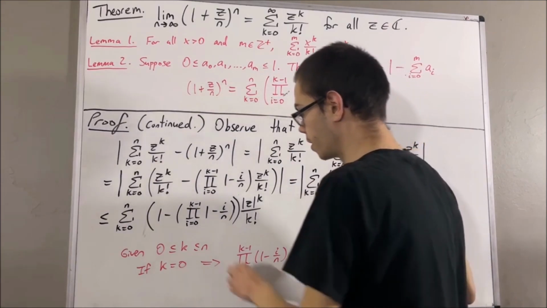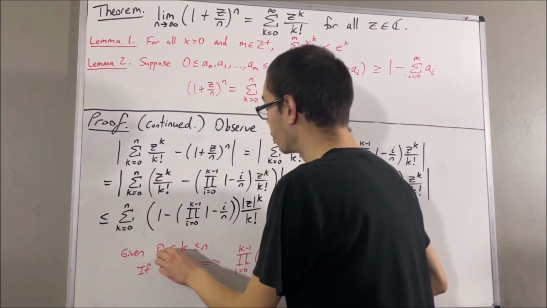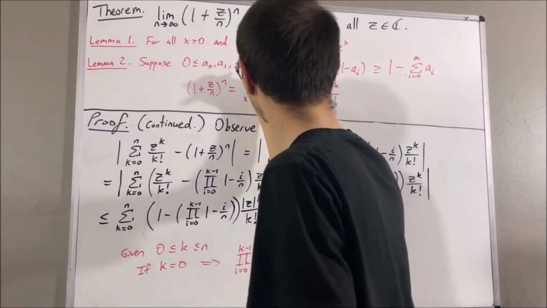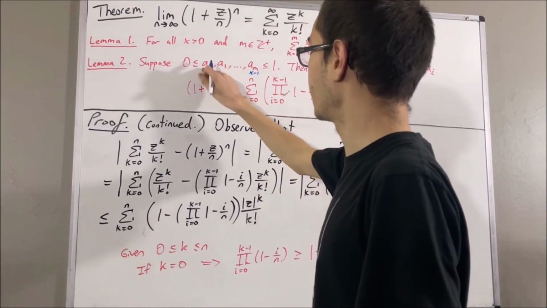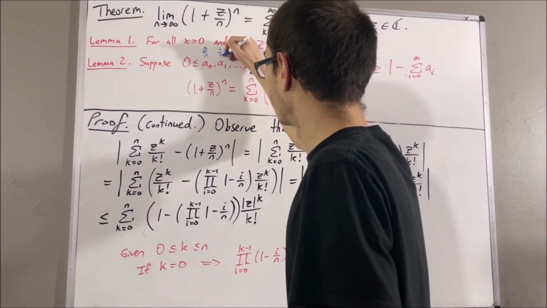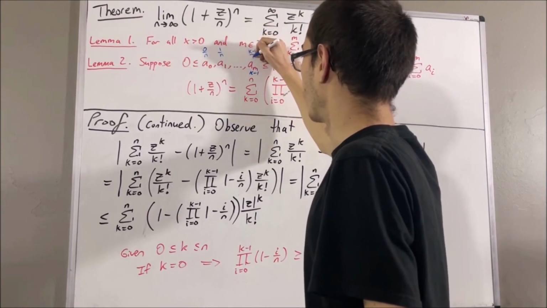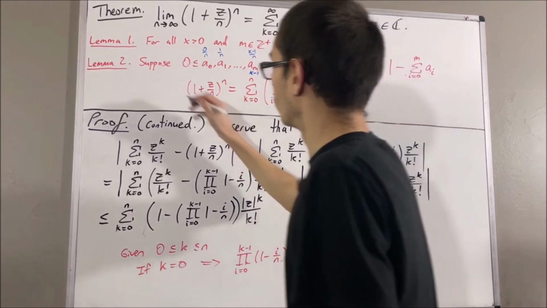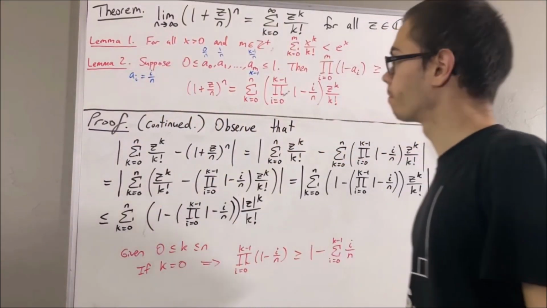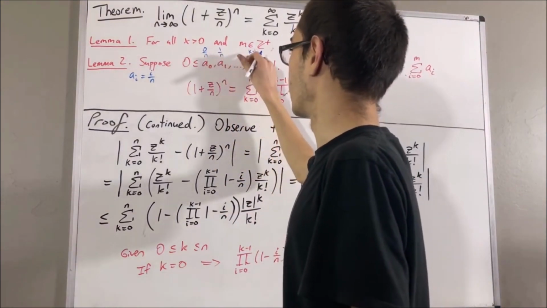We could also show, if k is greater than 0, that this is true. Because if k is greater than 0, let's go to lemma 2. We're going to take m to be k minus 1. And so we're going to take a0 to be 0 over n, a1 to be 1 over n, and so on and so forth. Ak minus 1 will be k minus 1 over n. In general, we're taking ai to be I over n. Well, we can show that all of these guys lie between 0 and 1.